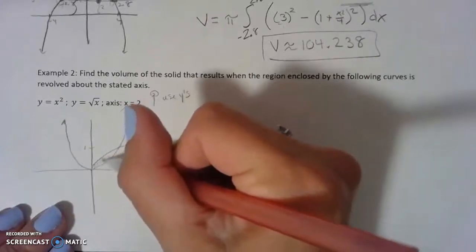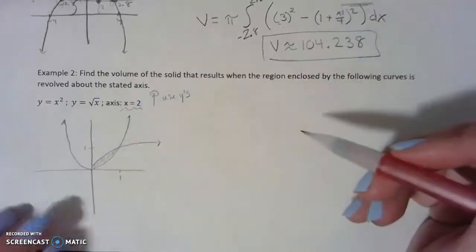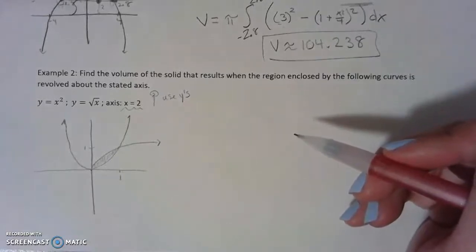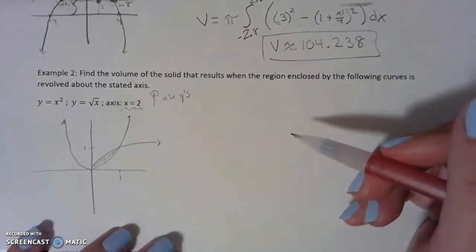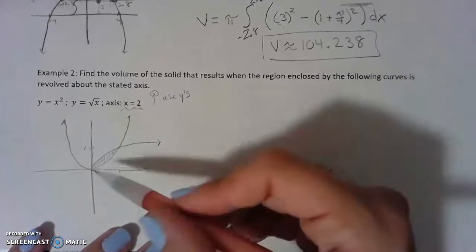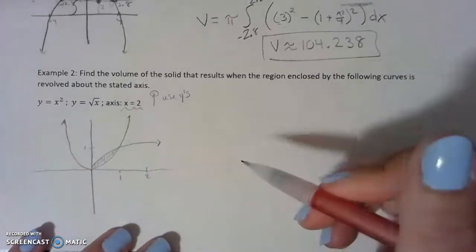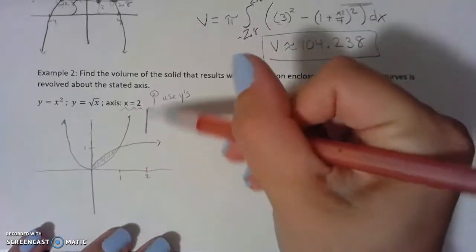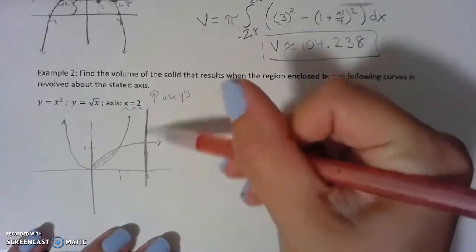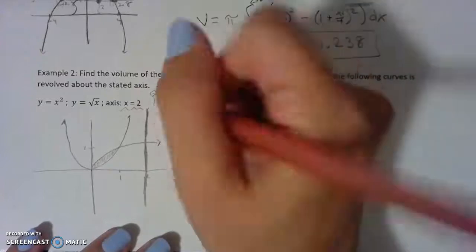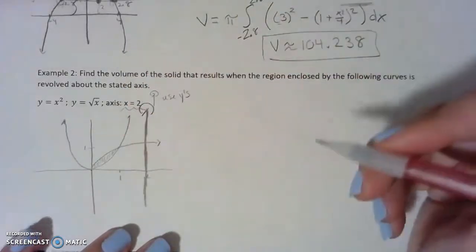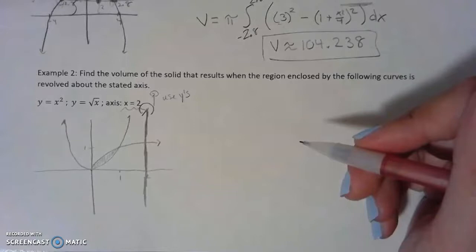So this is the area that we're looking at, and this time we are going to rotate it about the axis x equals 2. So here's my x-axis. Let me draw this out a little bit farther so I can put a 2 here. I'll draw this one a little bit thicker so you see this is where we're rotating it about. I'm going to rotate it about this axis right here.